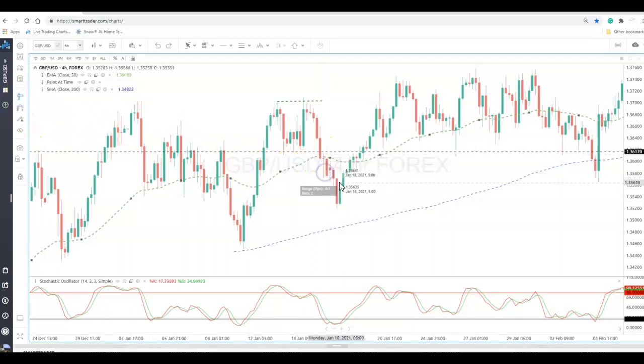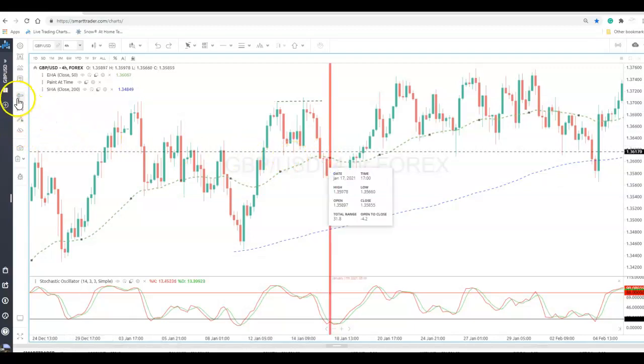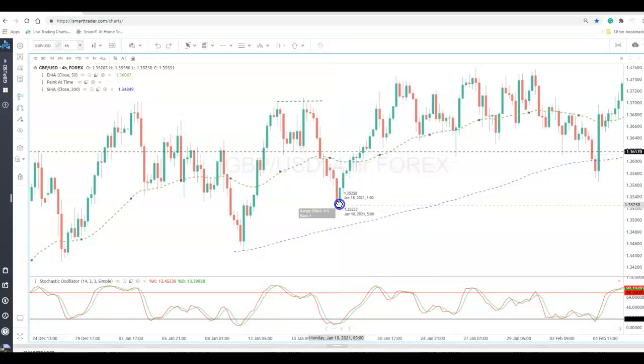I'll take my measurement tool. Excuse me, I'm having a hard time grabbing that. And there it is, 88 pips. And notice after it hit its projected target, stochastic is oversold, and a bullish candle appeared.